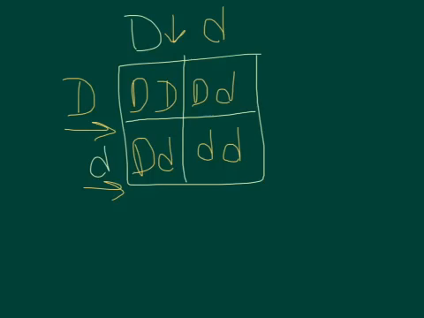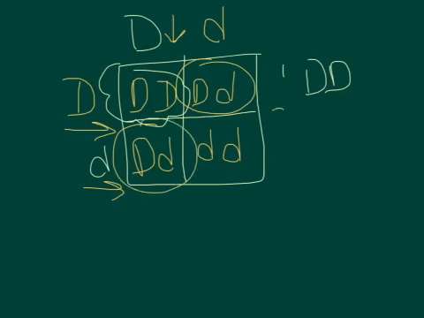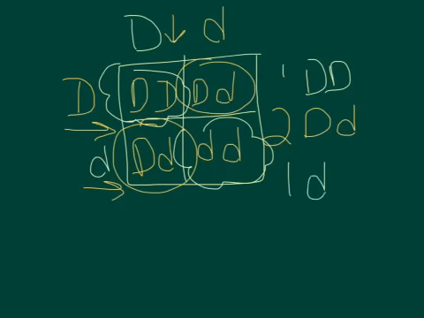And I see that I'm going to get 4 different options. The first one, I'm going to get 1 big D, big D. I'm going to get 2 big D, little d. And finally, 1 little d, little d.